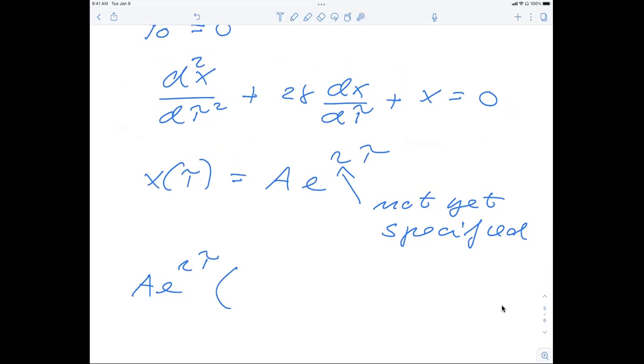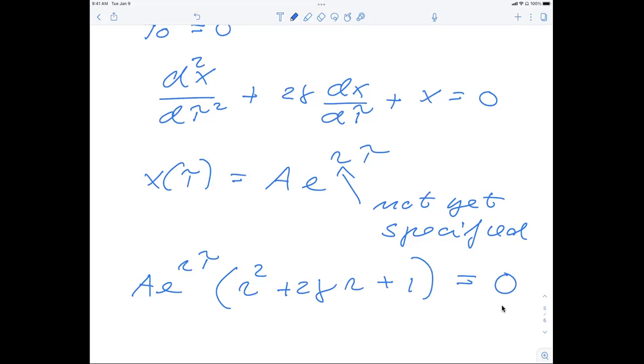Now, the term which you see here gives me obviously a second derivative, which gives us r squared. Then if I take the next term, I get a plus 2 gamma, and then I have a new r. And the final term is just 1, it's just unchanged. And this is equal to 0.